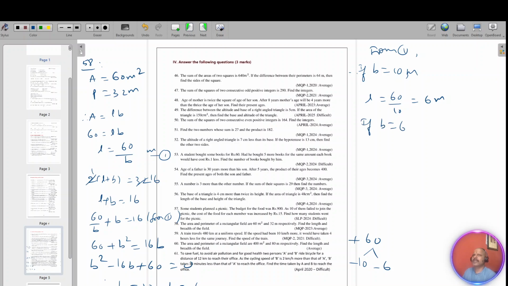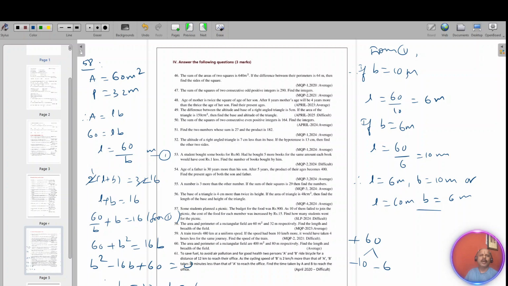If B equal to 6 meter, length equal to 60 by 6, 10 meter. Therefore length is equal to 6 meter, breadth is equal to 10 meter, or length is equal to 10 meter, B equal to 6 meter. Both sets will apply here.